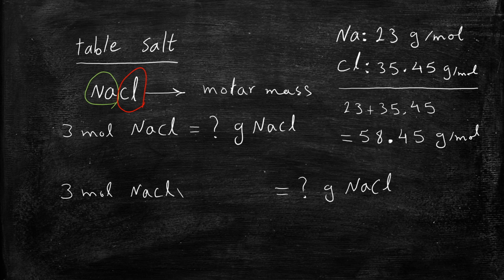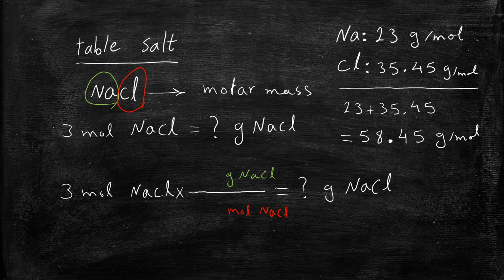So again, conversion fractions. At the bottom, I put the unit that I want to eliminate. I want to eliminate moles, so moles of NaCl is at the bottom. On the top, the unit that I want to convert to, I want to have at the end grams of NaCl. Okay, now I fill in the numbers. What numbers work here? 1 mole of NaCl, from the molar mass.